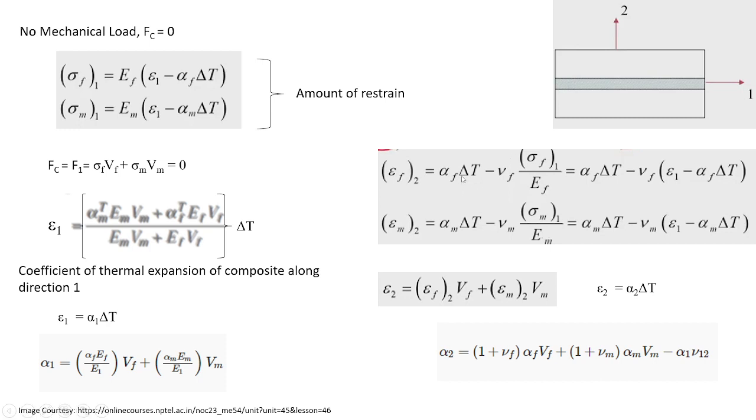We have the strain because of the change in temperature and the normal strain. Then from these two equations we put this value in the total strain in direction 2 as epsilon_f2 V_f plus epsilon_m2 V_m, and equate it to the thermal expansion coefficient of the composite along direction 2, and from that we get alpha_2.